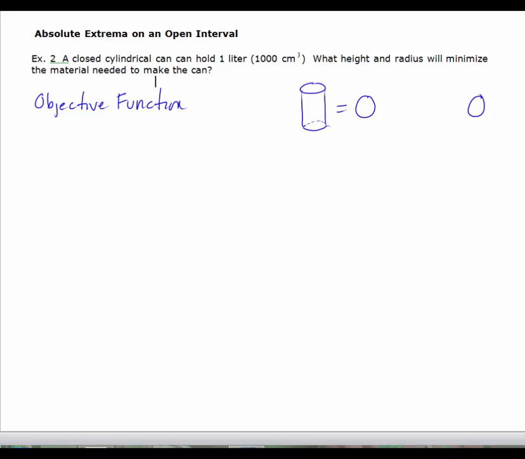And if we took the material used to make the sides of the can and opened that up, it's actually going to be a rectangle. And the area of each of the top and the bottom would be pi r squared.